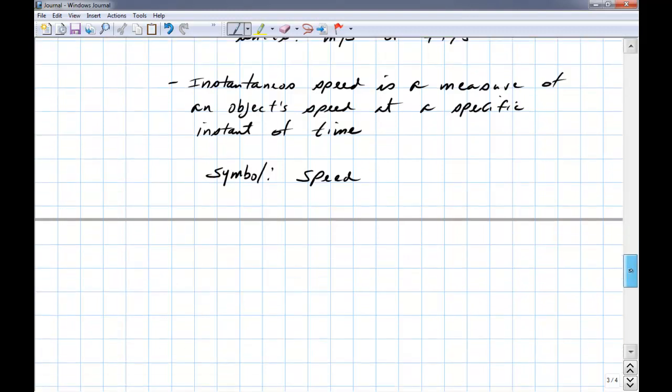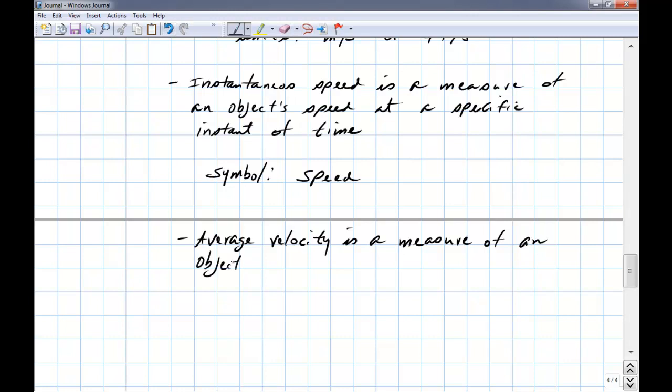Next, we'll define something called average velocity. And that is just a measure of an object's total displacement with respect to time.